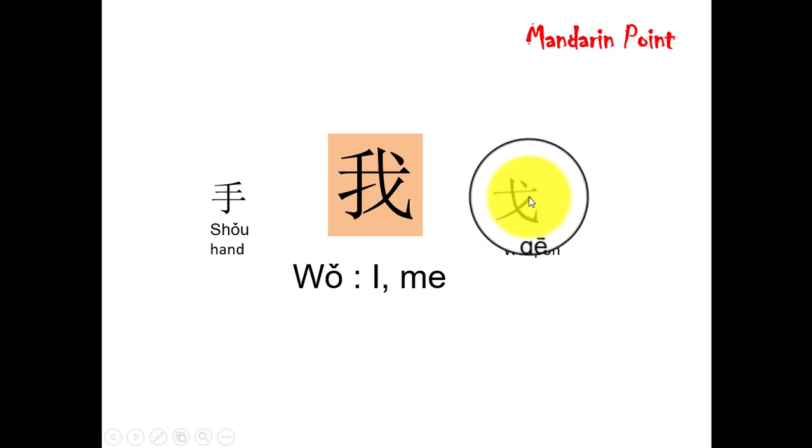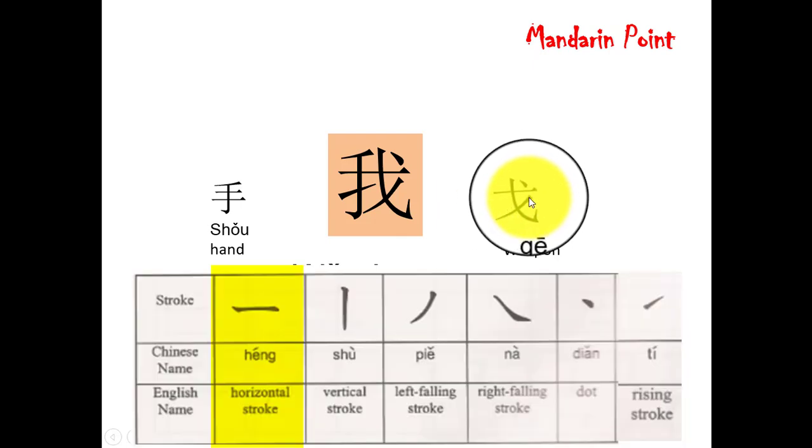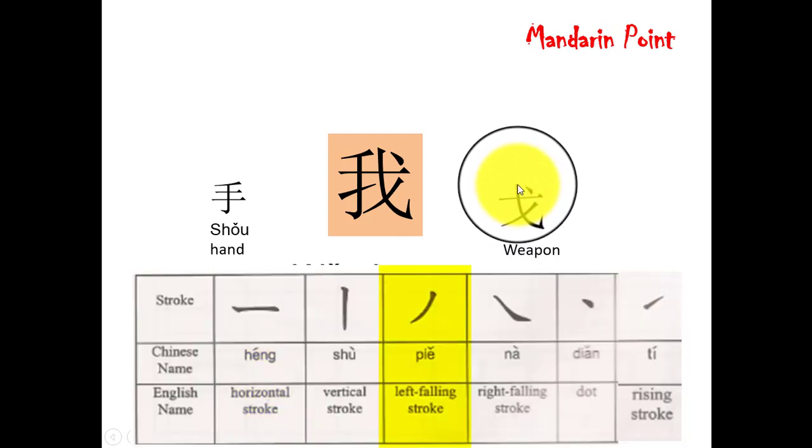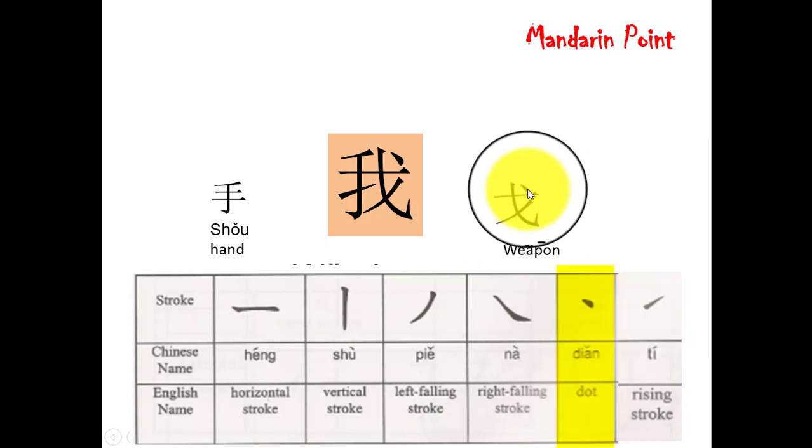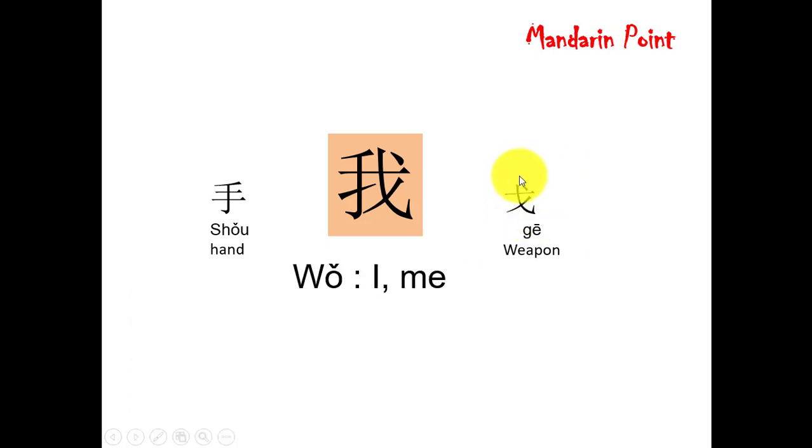For example, this one is horizontal stroke, left falling stroke, bent stroke with a hook, and tien or dot. If you don't know about these strokes, you can watch our first 3 videos and the link is shown over here. So we have completed 2 steps. It is 我, meaning I or me, and it is a combination of 手 at left side and 戈 at right side.